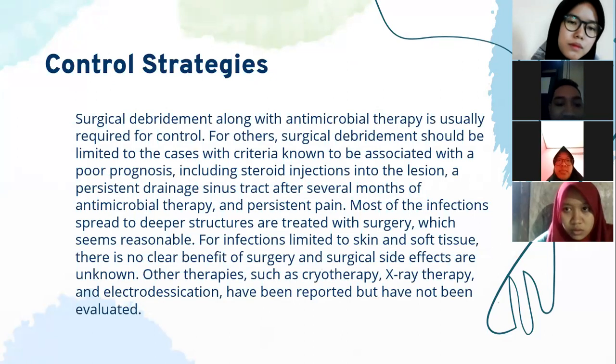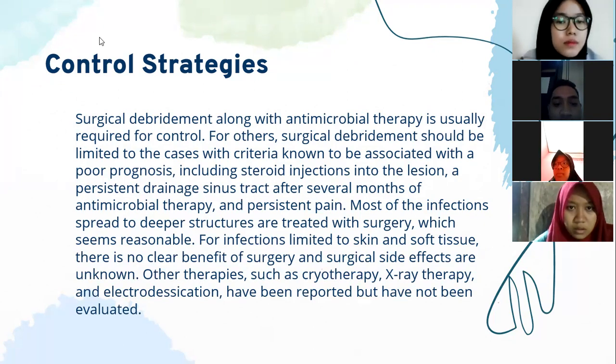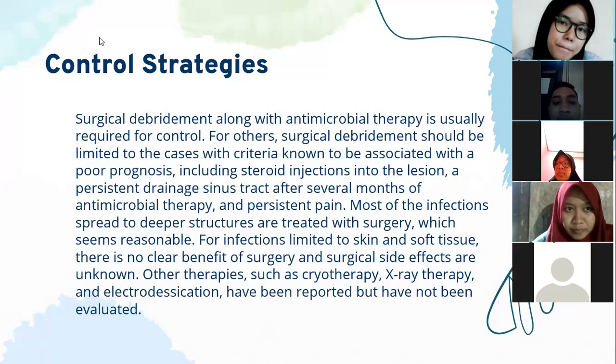The control strategy: surgical debridement along with antimicrobial therapy is usually required for control. Surgical debridement should be limited to cases with criteria known to be associated with a poor prognosis, including steroid injection into the lesion, a persistent drainage sinus tract after several months of antimicrobial therapy, and persistent pain.